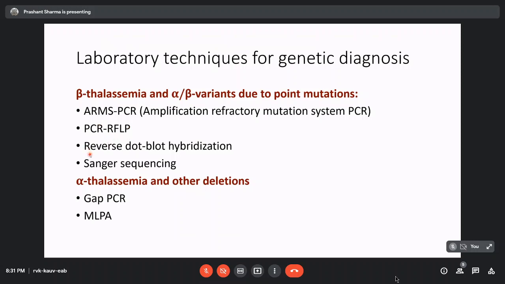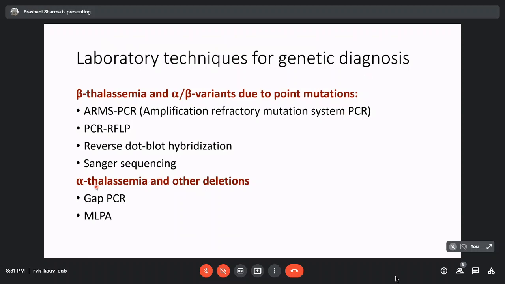There is a cost-effective strategy which can be multiplexed very easily called reverse dot blot hybridization. And then as laboratories and patients both get more technically advanced and richer respectively, we can straight away go in for Sanger sequencing, which is also good for small-sized problems.